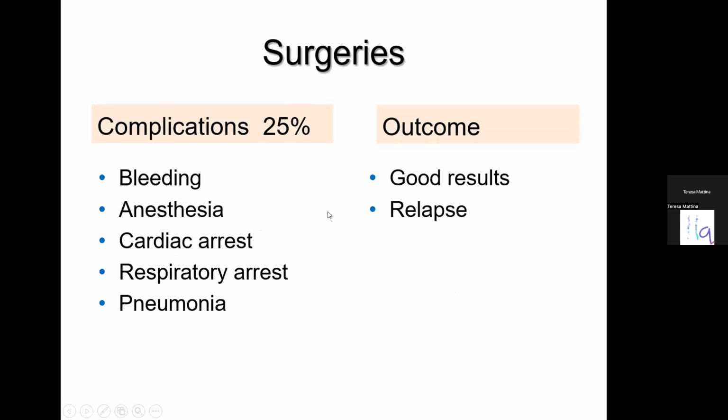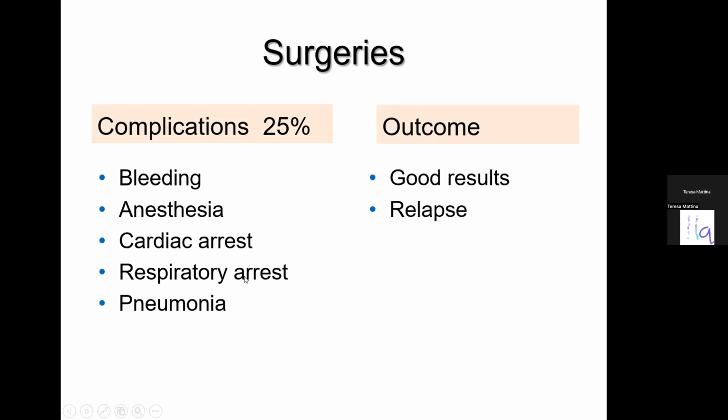There may be complications during surgeries: 25%, which means 1 in 4. There may be bleeding, but we can prevent it by having platelets or full blood ready during surgery. Anesthesia has caused problems because the throat is narrow, so this is something the surgeon and the anesthesiologist should be aware of.